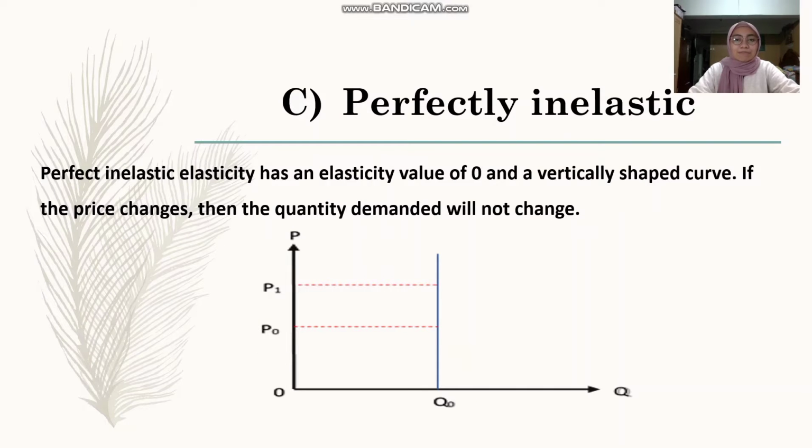And the last one is perfectly inelastic. Perfectly inelastic has an elasticity value of 0 and a vertically shaped curve. If the price changes, then the quantity demanded will not change.